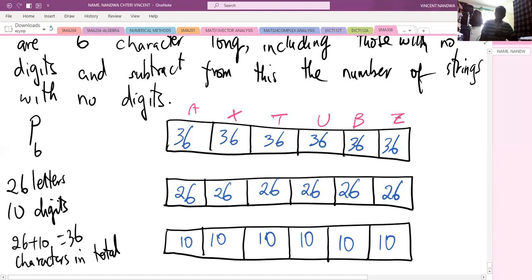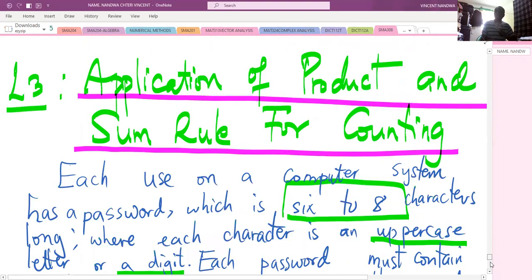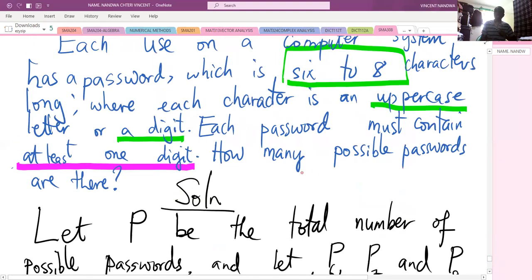Or someone can say, I have A, I have 1, 2, X, Y, Z. There are many, many possibilities. But you see, this is a possibility of getting if you have the 6 options. But according to the question, that password AXTUBZ is not required because we have been given the condition that each password must contain at least 1 digit.